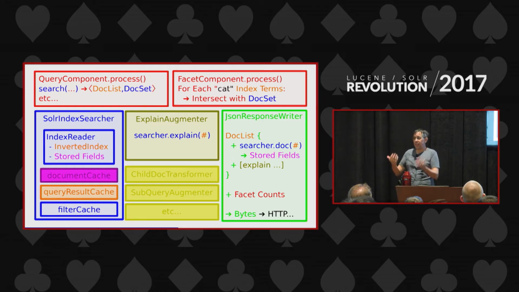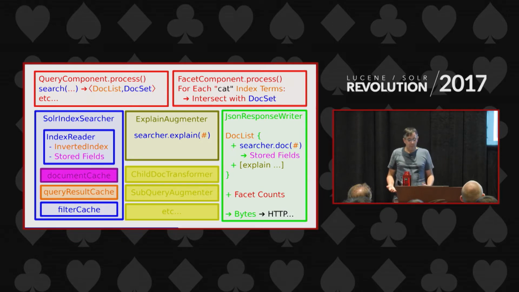Query component is not the only kid on the block. Now facet component is involved as well, and facet component wants some stuff. So when the Solr index searcher does that query and iterates over and says who matches, who doesn't, what's their score, who's in the top 10, in addition to generating that doc list and putting it in the query result cache, it's also generating a doc set. It's saying facet component needs to know not just about this page, but about everybody who matches, which usually winds up in the filter cache.